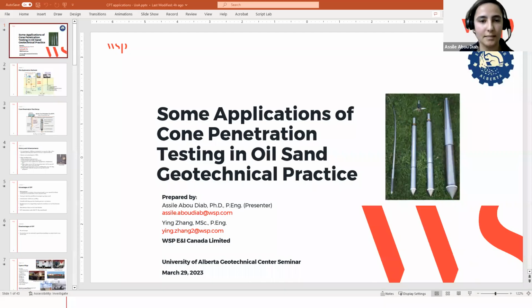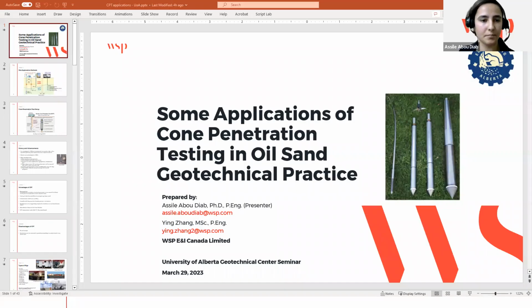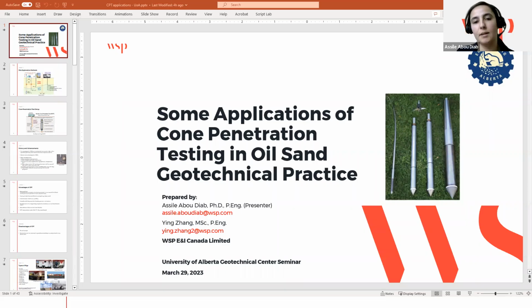It's a quick question. For the oil sands, if we encounter a lot of layers of potentially liquefiable soil, what remedial measures are taken? So I will comment, for example, on the sand dump 8 example.